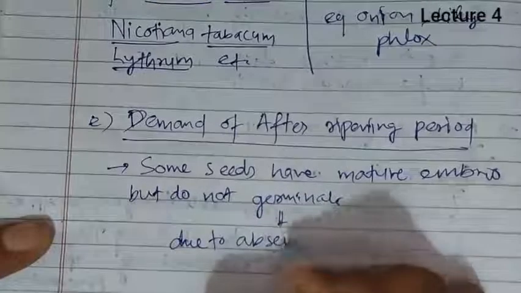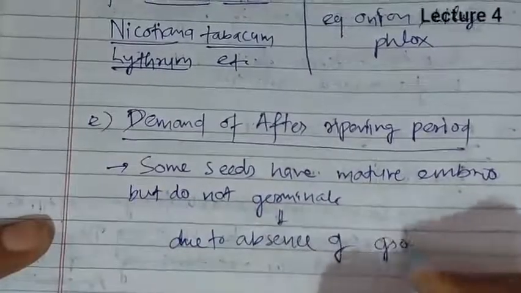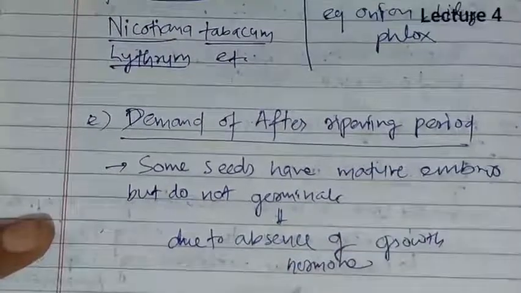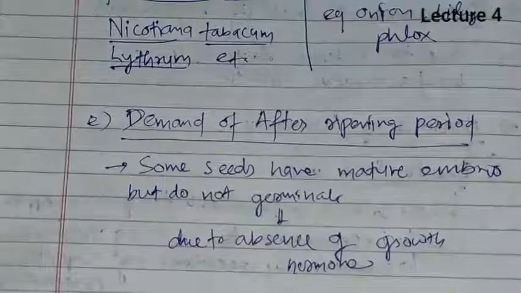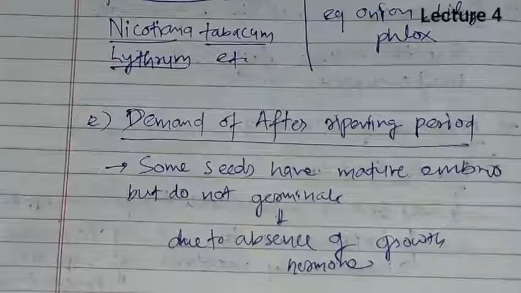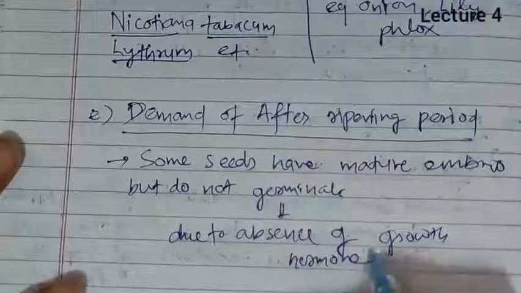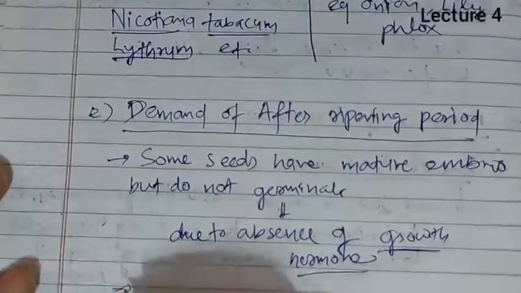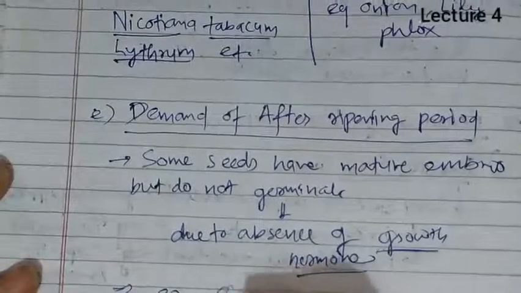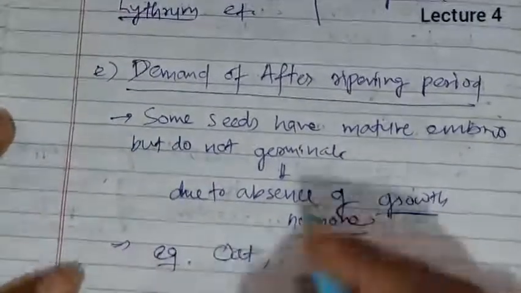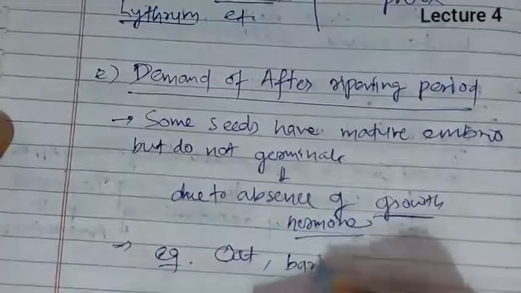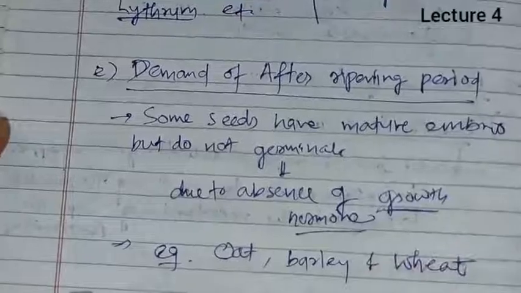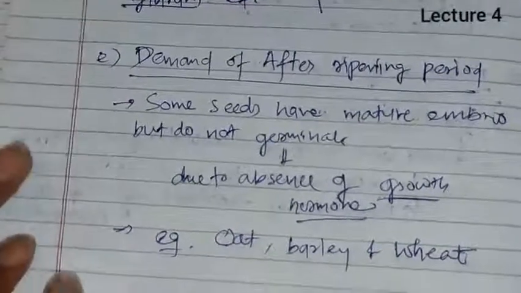So they require a period of after-ripening during which they attain the power to germinate. During the after-ripening period, the requirement of growth hormone will be completed and they will start to germinate. Examples are oat, barley, and wheat. So that is the demand of after-ripening period.